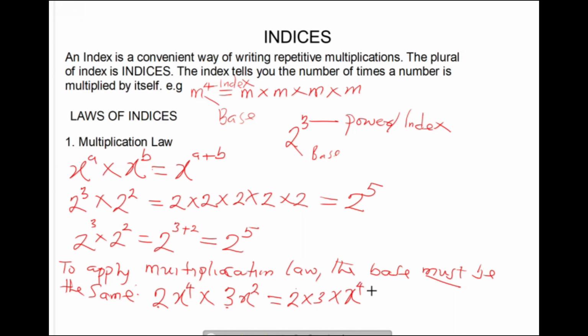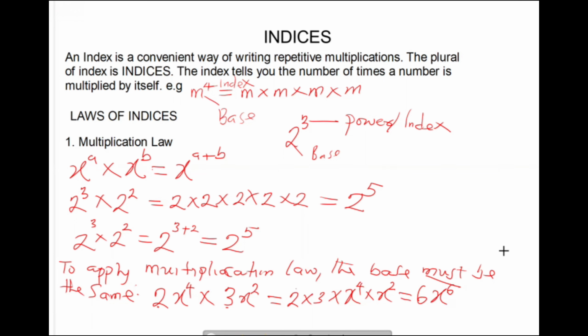So 2 times 3 is 6. The x's have the same base, so I pick one base and I have the power 4 plus 2, and that gives me 6. So the answer is 6x to the power of 6.